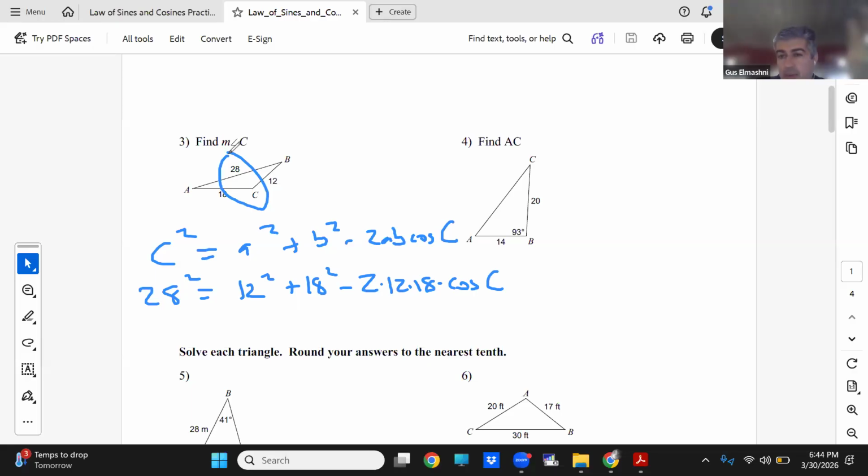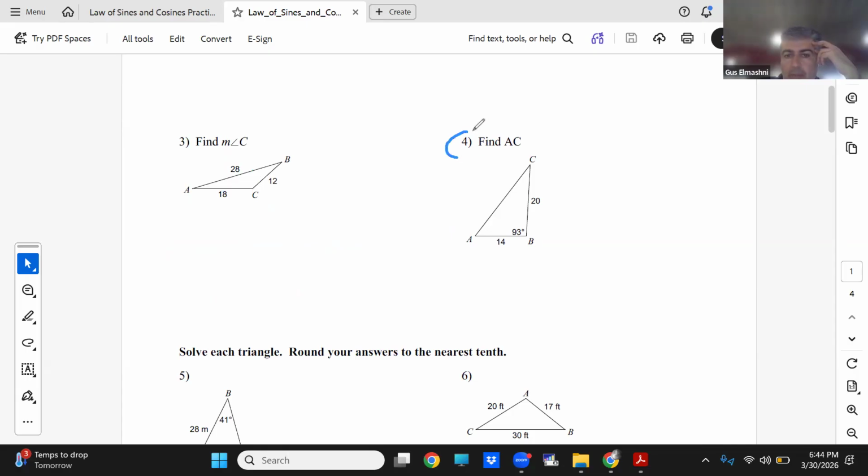So law of cosines is another formula you can use. It could also work in the case of number four. Notice you're given one angle, but you're not given the side opposite of it. That's a problem also. So see how this is side, side, side, and that's side angle side? Whenever that's what you're given, then you have to use the law of cosines.